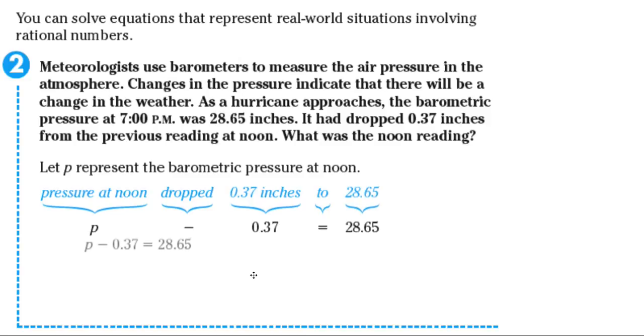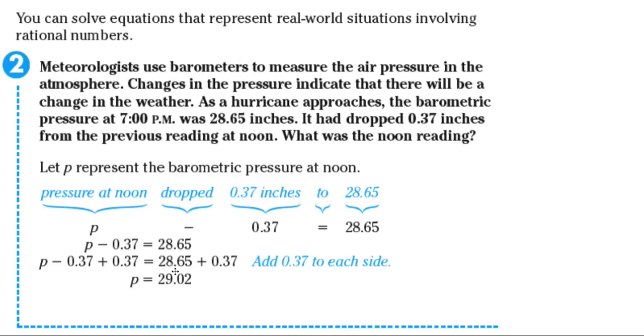So we now have the equation P minus 0.37 equals 28.65, and we need to isolate P. That means we need to undo subtracting 0.37, and in order to do that, we add 0.37 to both sides. Adding 0.37 to both sides, we've isolated P on the left side, and 28.65 plus 0.37 gives us 29.02. So the barometric reading at noon was 29.02 inches of mercury.